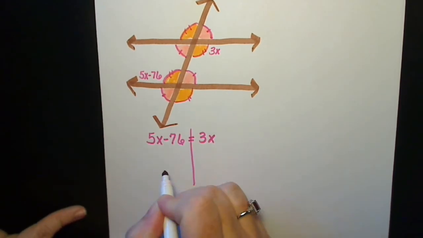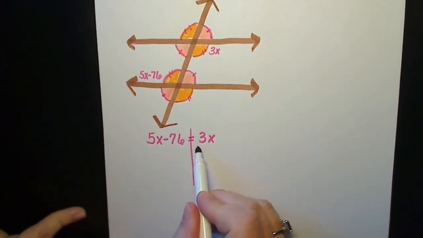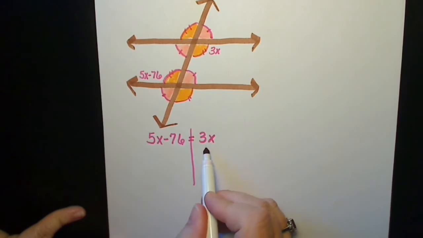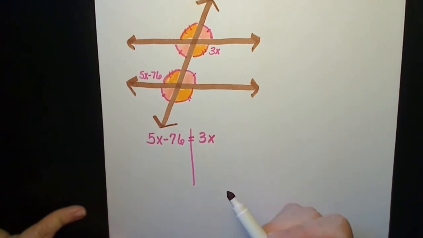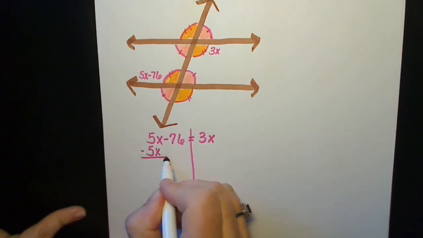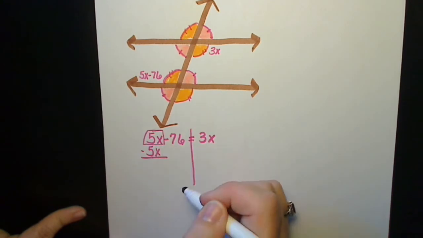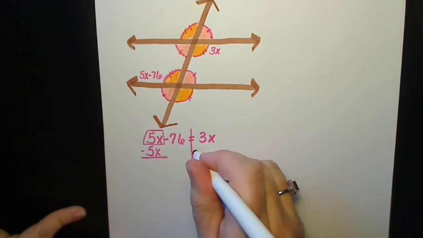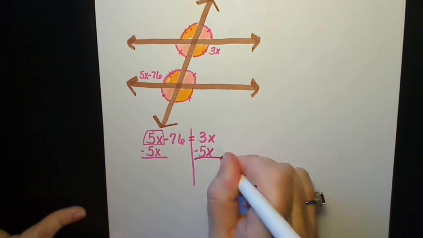I like to move the smaller one, but if I move this, there's not going to be anything over here, so that really isn't going to help me solve. So I'm going to move this. So I'm going to subtract 5x because I'm going to move this entire term. So I'm going to subtract 5x from both sides.